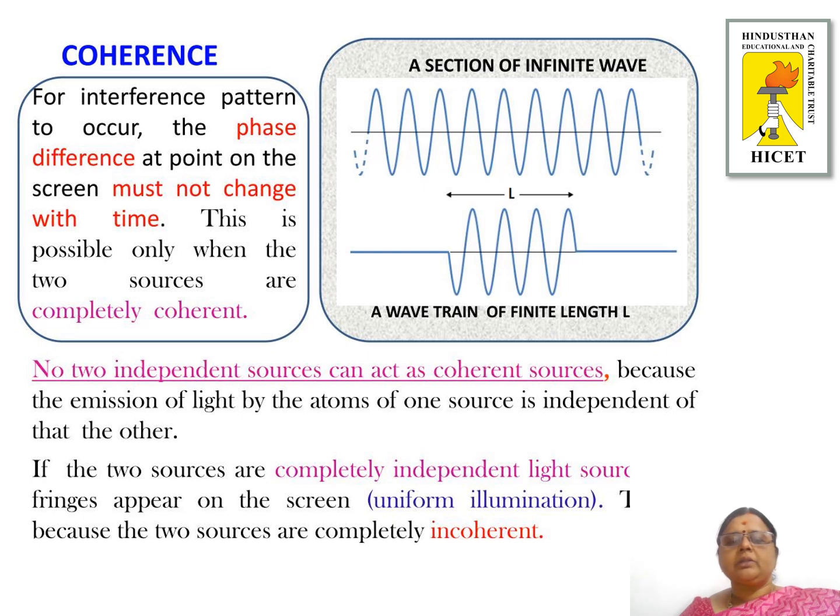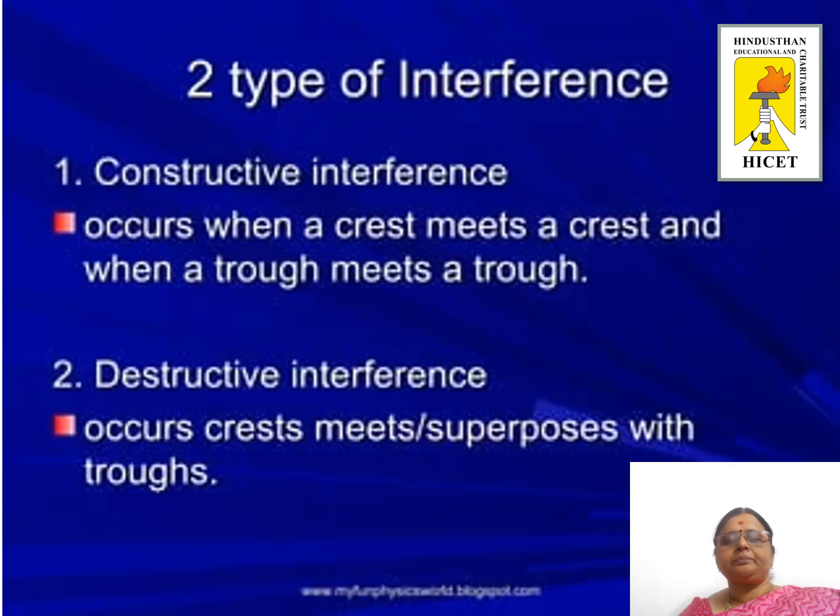No independent sources can act as coherent sources because the emission of light by the atoms of one source is independent of that of the other. If the two sources are completely independent light sources, no fringes appear on the screen. So the two sources are completely incoherent.